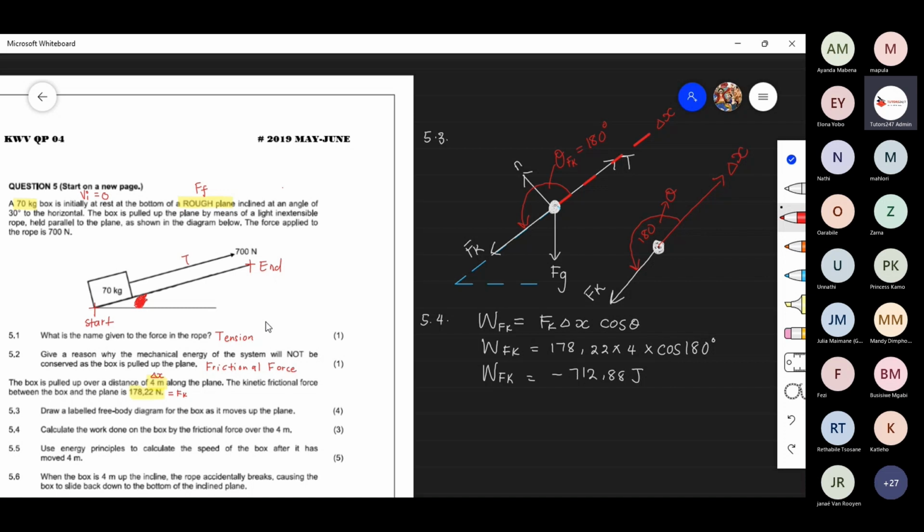Now, theta is the angle between your displacement vector and the force that you are calculating. So as soon as you start calculating for your work, start by calculating, or not calculating, you don't need to calculate. Start by identifying your angle of theta.